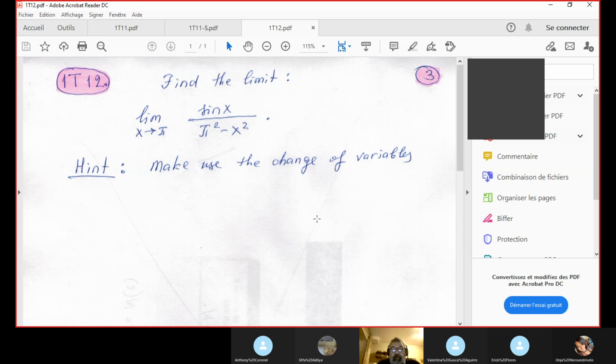You see here, as x goes to pi, the numerator of our fraction is 0, and the denominator always goes to 0 as x goes to pi. The idea is to use some simple change of variables. You try to do this, you have 10 minutes, and then we will discuss.